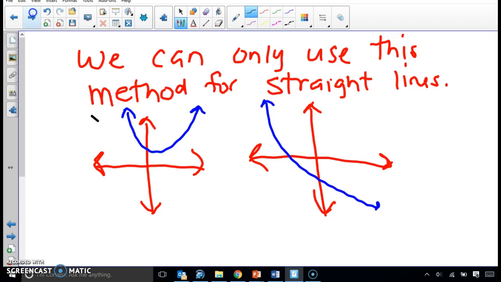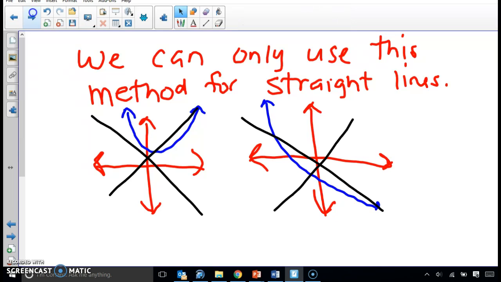No. Yeah, so this would go on the non-example side. So when not to use it.